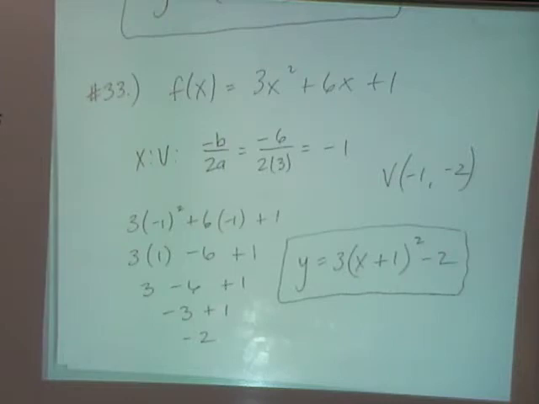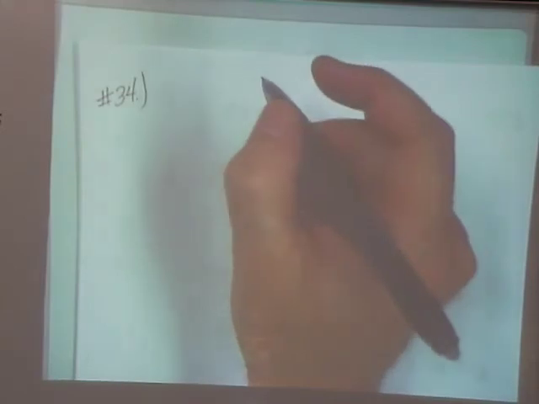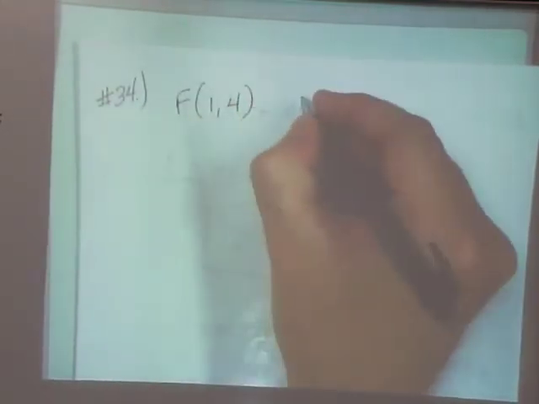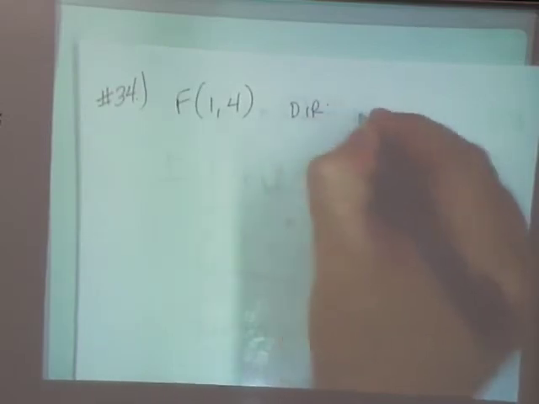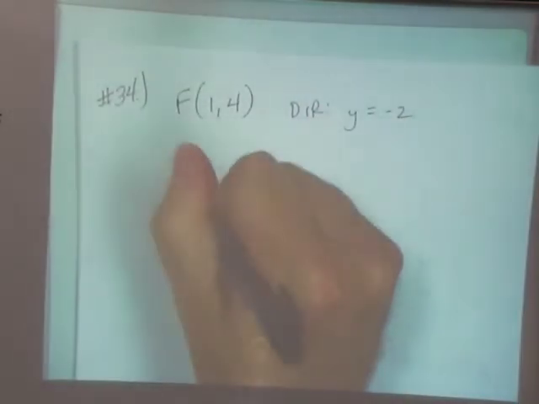All right, turn to page 34. We'll be writing the equation of the parabola. Focus is at (1, 4), and directrix is y equals negative 2. So sketch it.